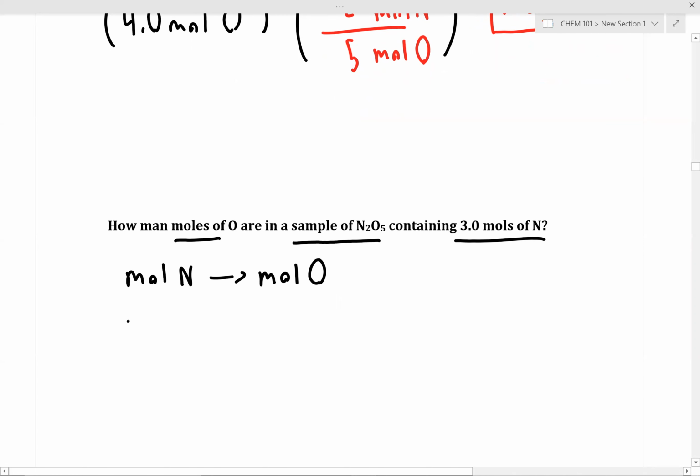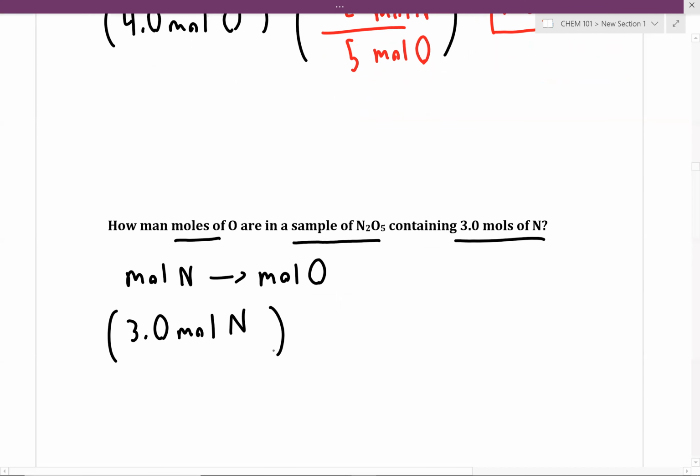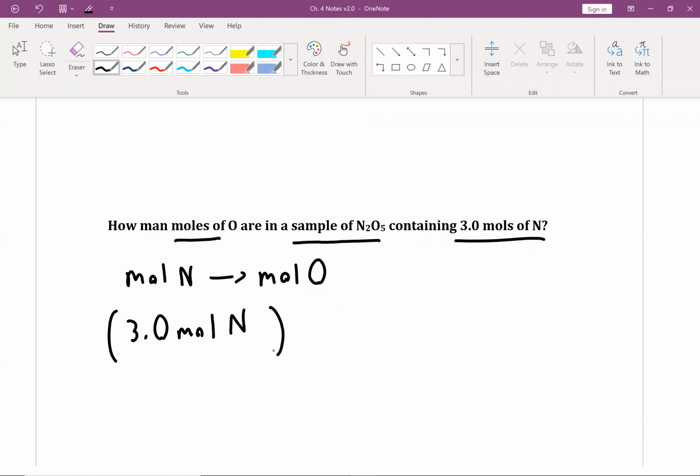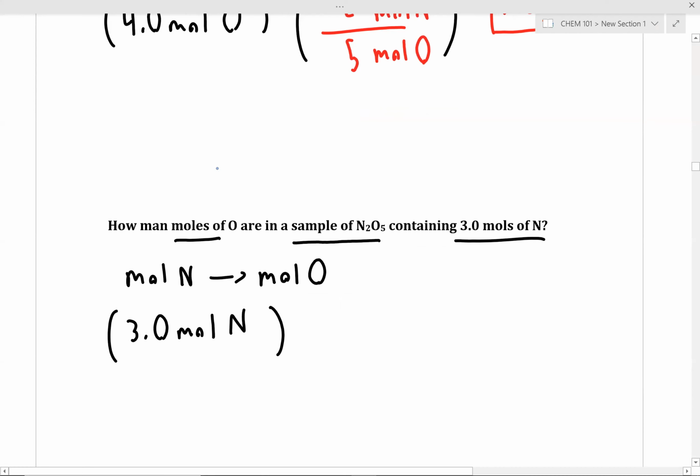So then, given that we have 3.0 moles of nitrogen, and we're going to moles of oxygen, my question to all of you is, what units go on top? Moles of oxygen. So how many moles of oxygen are present per how many moles of nitrogen in N2O5?